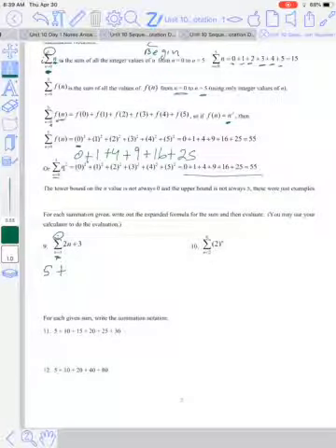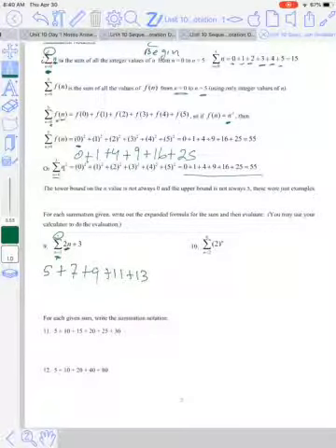Then I go up to 2. 2 times 2 is 4. 4 plus 3 is 7. Then I go up to 3. 2 times 3 is 6. 6 plus 3 is 9. Hey, wait a minute. I see what this is doing. This is going up by 2's every time. Oh, yeah. Look, I have repetitive addition of 2, which is multiplication. So I have 5 plus 7 plus 9 plus 11 plus 13.